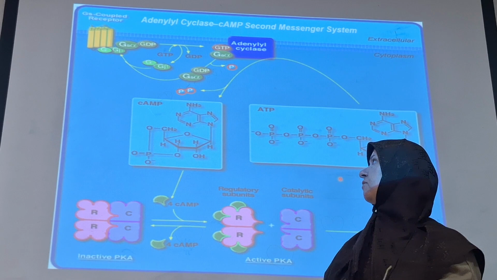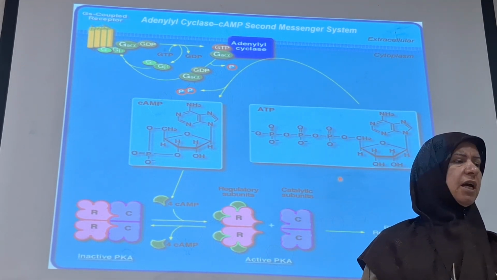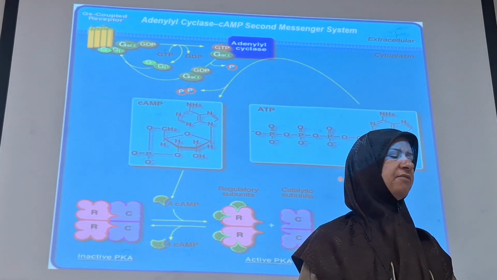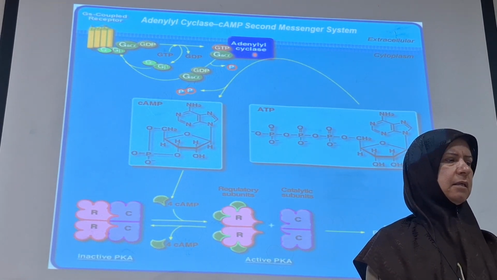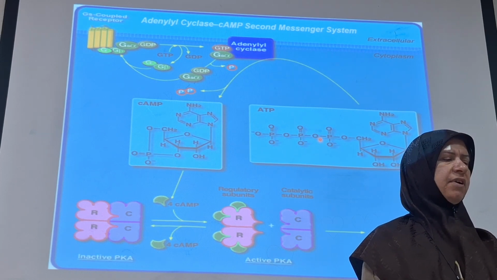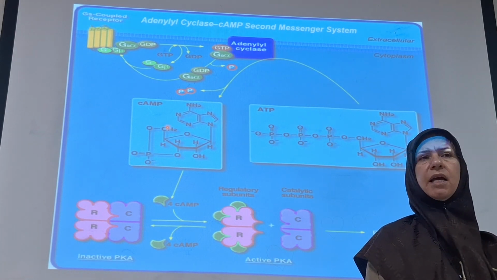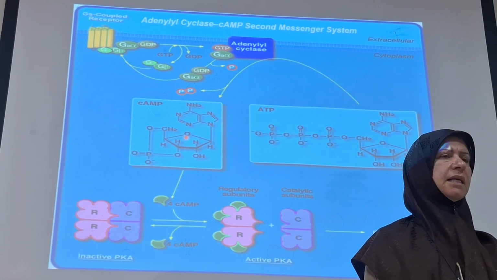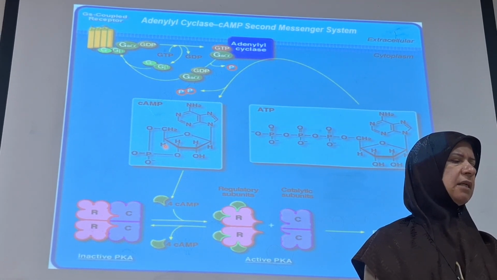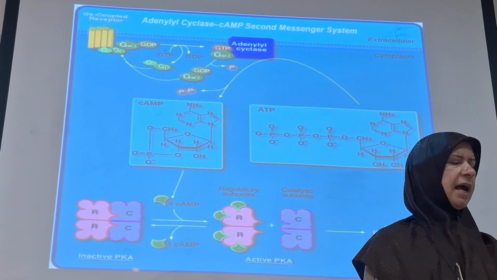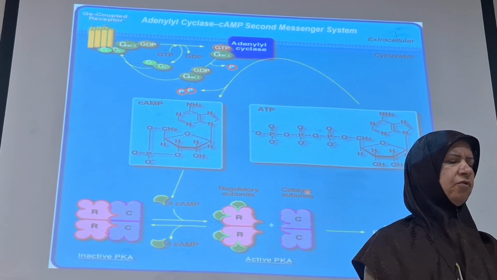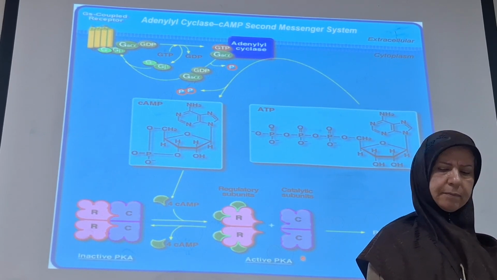First, GS. GS activates adenylyl cyclase. How? It converts ATP to cyclic AMP. Cyclic AMP is a second messenger. Cyclic AMP activates protein kinase A, which is the active form of protein kinase.